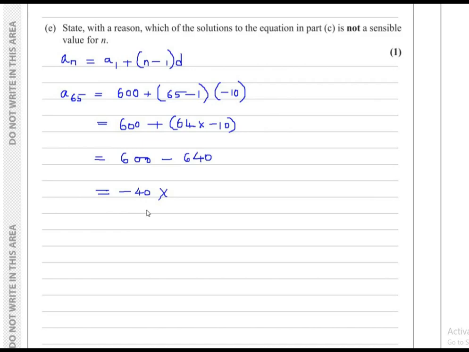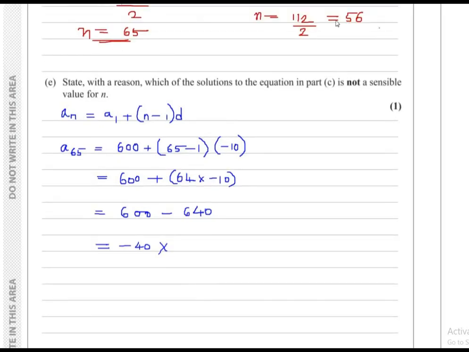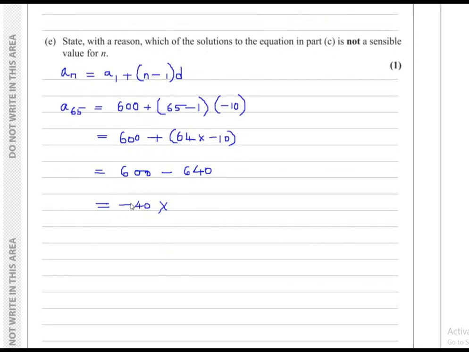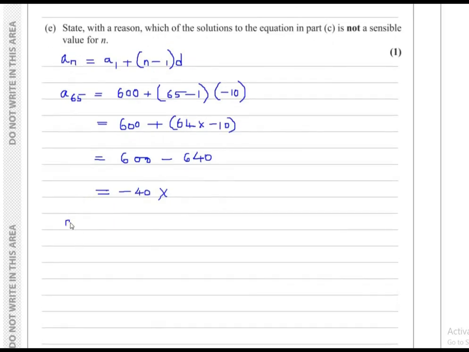Now let us check for 56th month. That is n equal to 56. Let us try that out. So A56 is equal to same formula. So we are going to put the first month saving as 600 plus 56 minus 1 times minus 10.